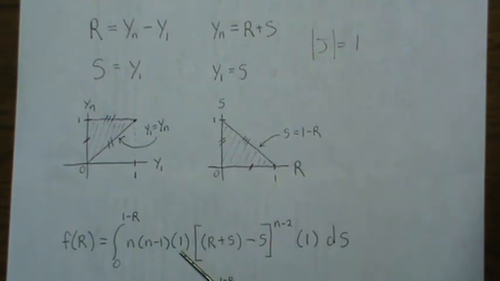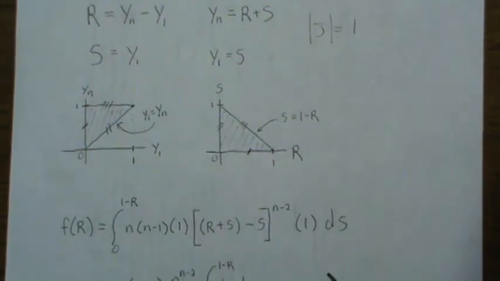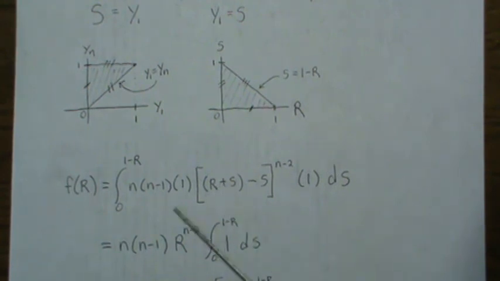So the f of x is 1, so that's 1. And the cumulative distribution function, we plug in R plus S and then S. But notice that this S cancels with this S. And then what is left are all constants with regard to S. So they can be taken out front.